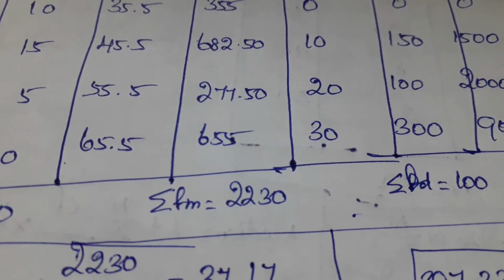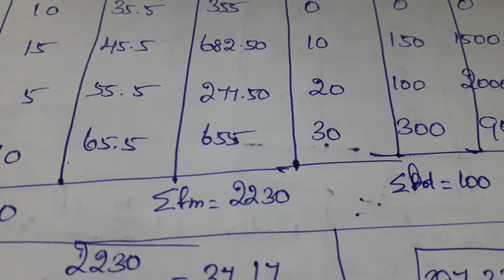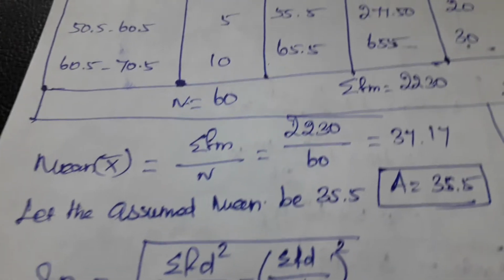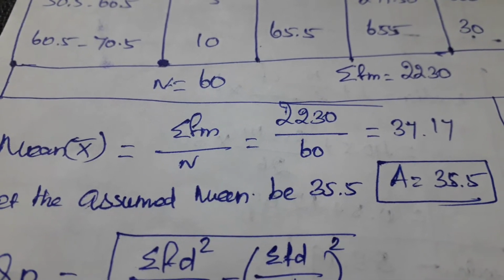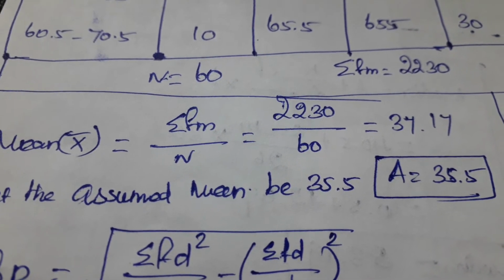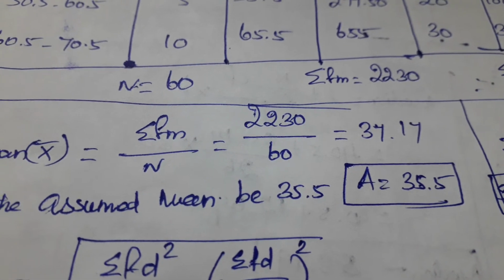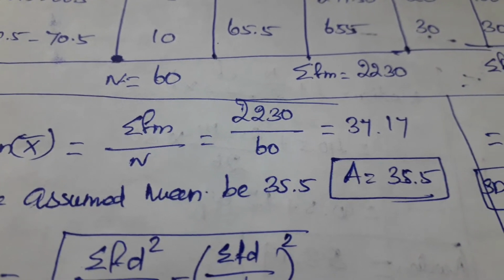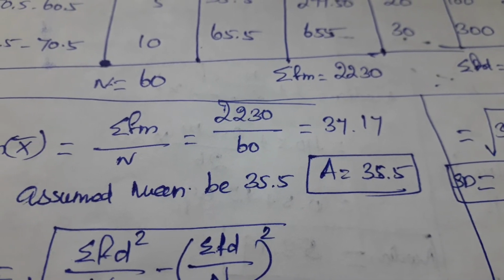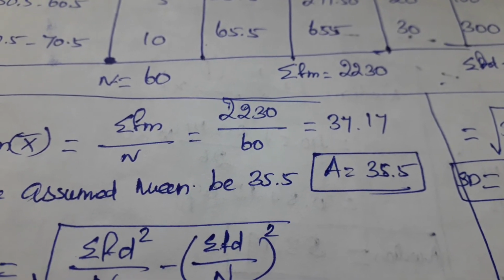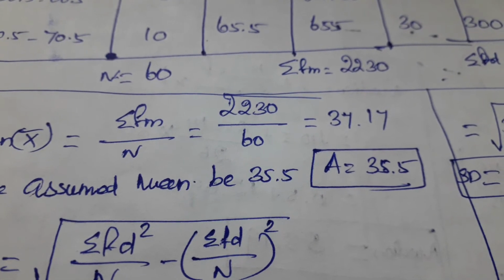Now we need to move to find the mean value. So mean is x bar equal to sigma fm by n. It is the formula to calculate the mean value. FM is 2230, n value is 60. Here we got the mean value as a fraction value.